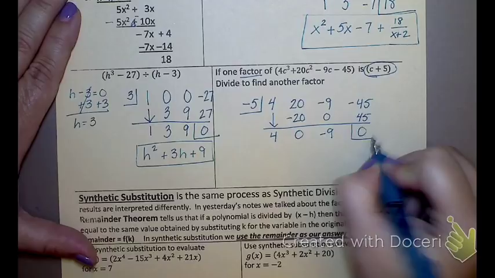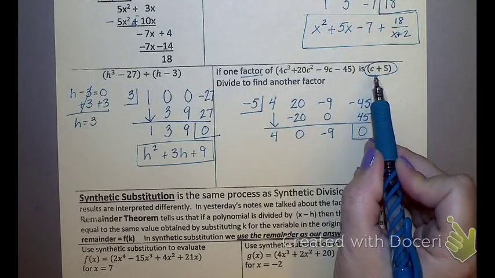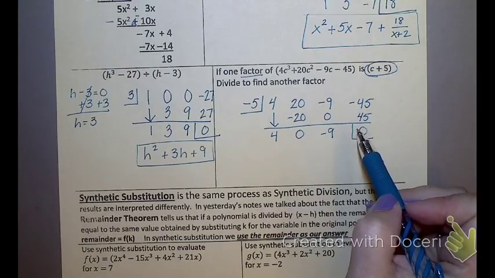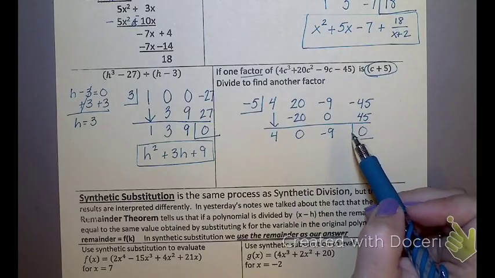Now, because they told me this was a factor, if I didn't get a remainder of 0, then I made a mistake somewhere. Does that make sense? Because they told me it was a factor, so the remainder is 0. If I didn't get 0, I messed up.